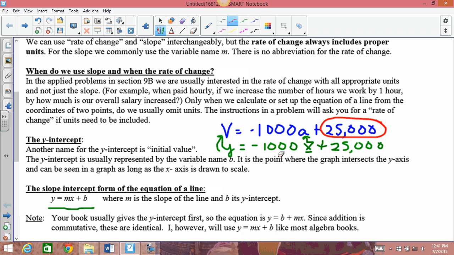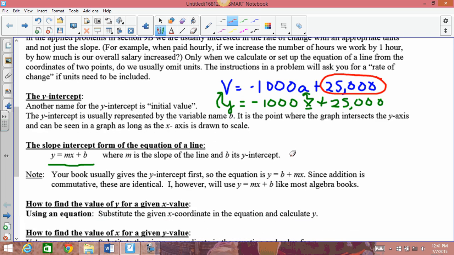So I've clearly stated what's on the x-axis, the age, so I'm taking every year, and I'm telling you what's on the y-axis, the value of the car. I'm saying it's decreasing, and then I'm actually stating by how much, $1,000, okay? It should be noted, your book, for whatever reason, does y equals b plus mx.